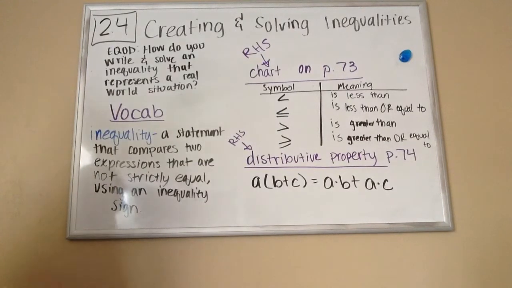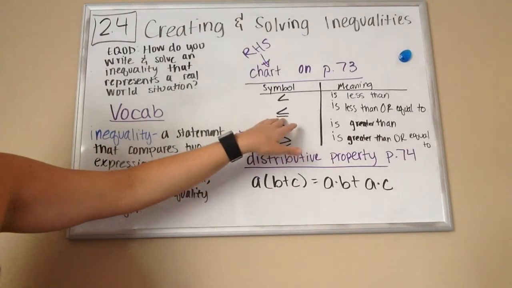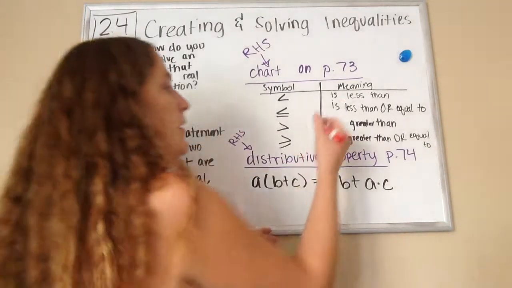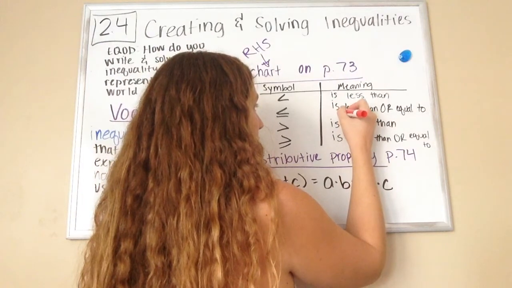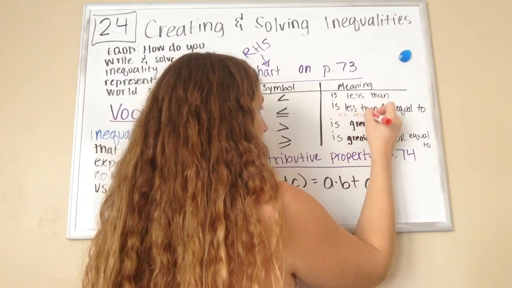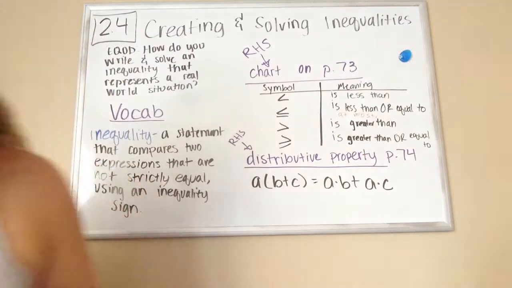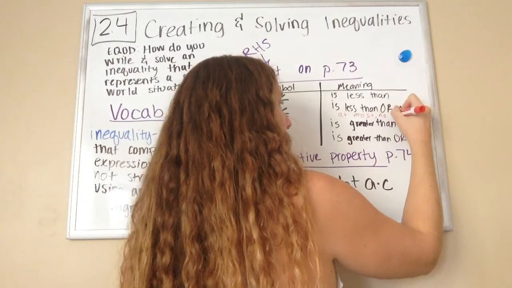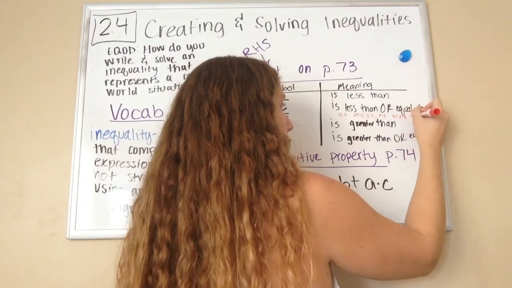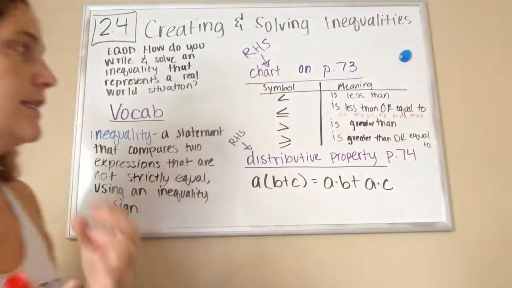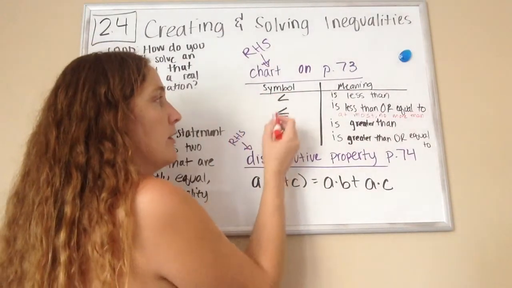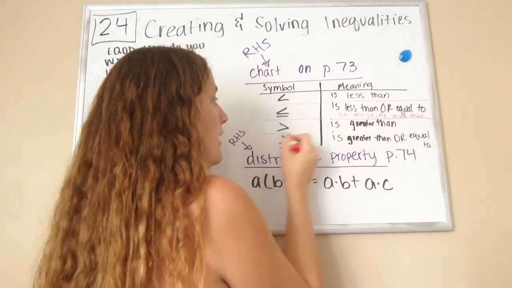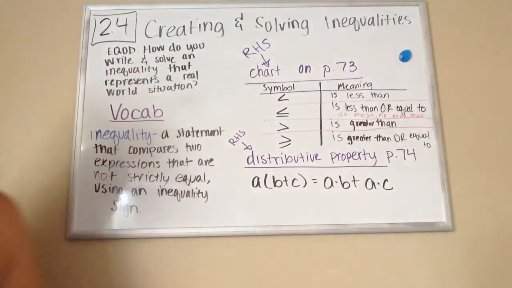So two things we're going to add in the less than or equal to category. It could also mean at most, right? Or it could also mean no more than. So those are some words that you might see in our word problems that we're going to have to dissect and know that they mean less than or equal to. Alright, and we're going to add a couple words to the greater than or equal to one.